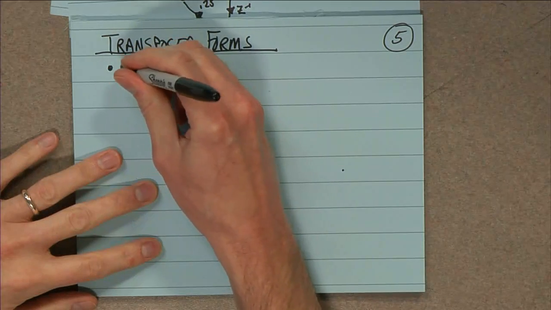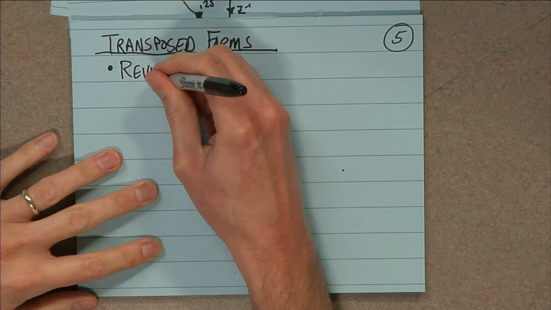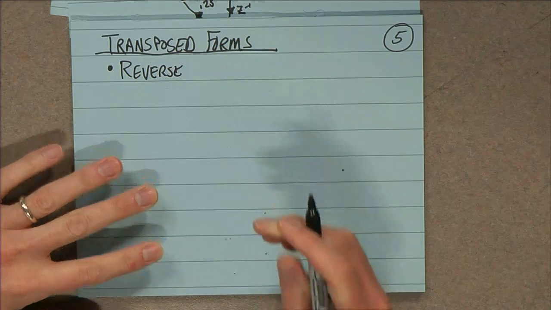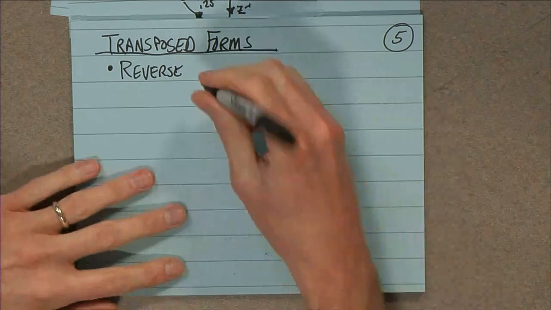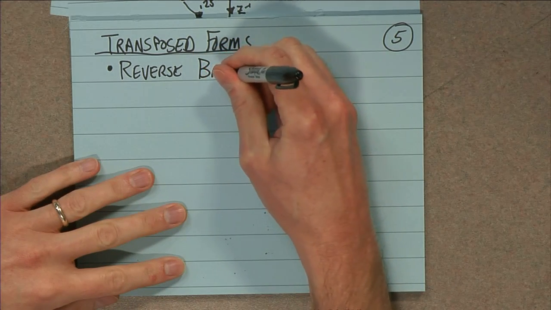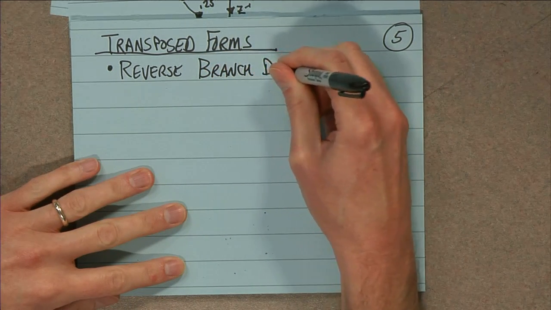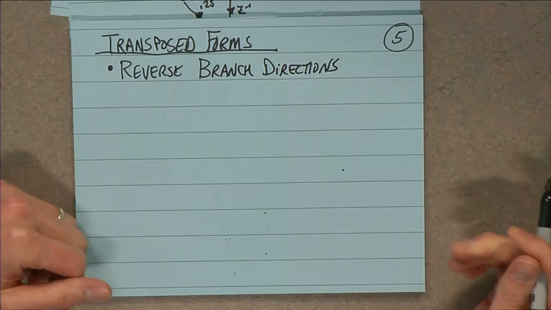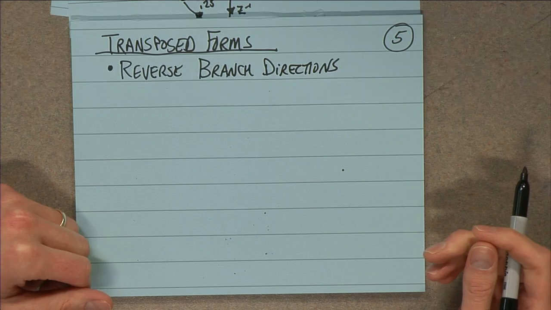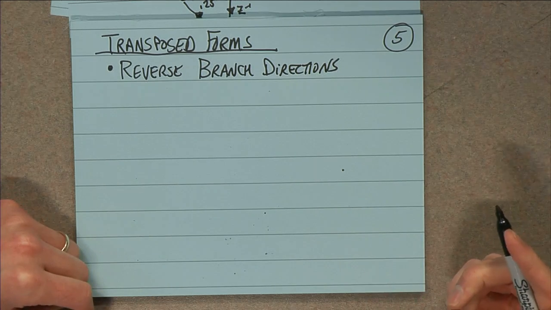And to do that, you have to follow 3 steps. The first step is you're going to reverse the branch directions. So everything that was going left now is going right. My little sketches here, that's basically just the arrow. Instead of pointing to the right, now it's going to point to the left.